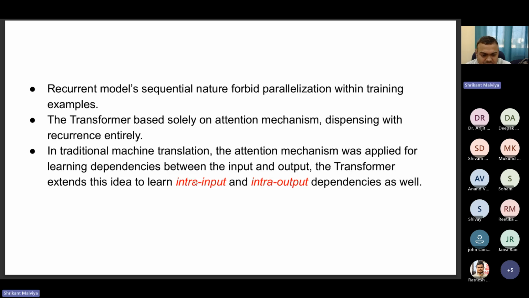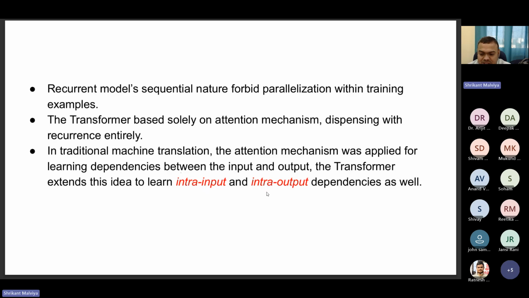But the transformer model extends the same attention idea to apply first of all to the input, to process the intra-input information, meaning each word in the input sequence, how much it attends, how much it depends on the other words in the input sequence. That's the intra-input information processing.